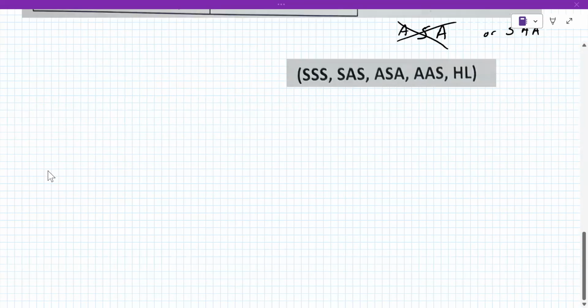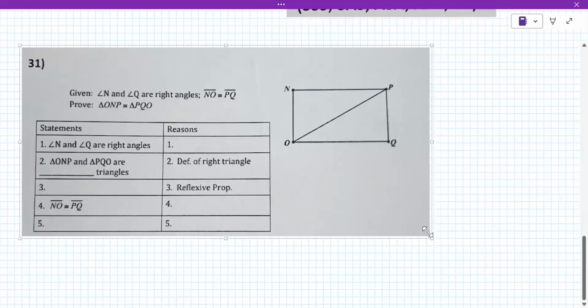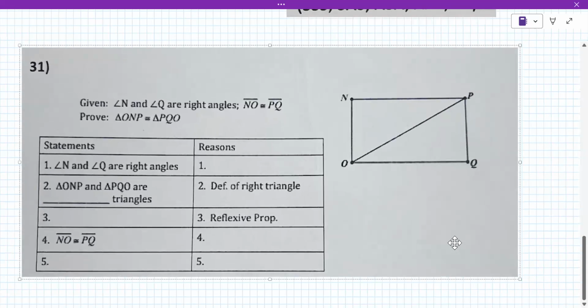All right. Just keep going here. We know that it's given. I like to put the givens in as soon as possible. Angle N and angle Q are right angles. Would number 4 also be given? Yes, exactly.